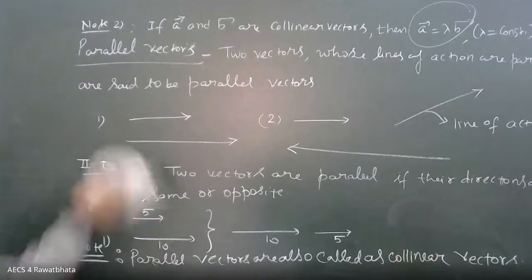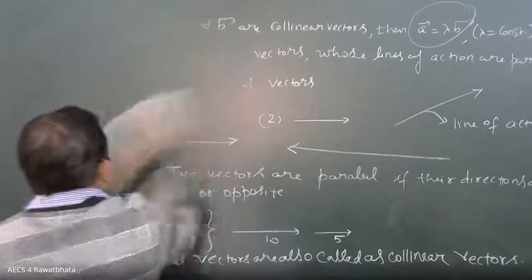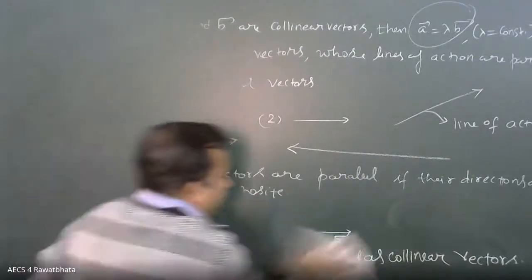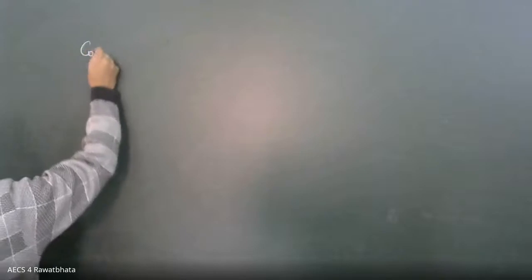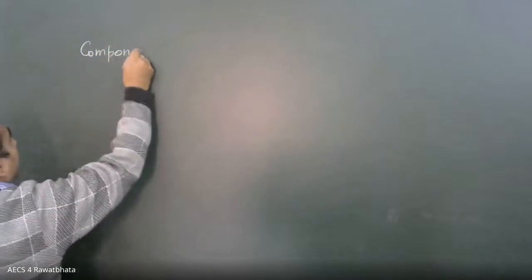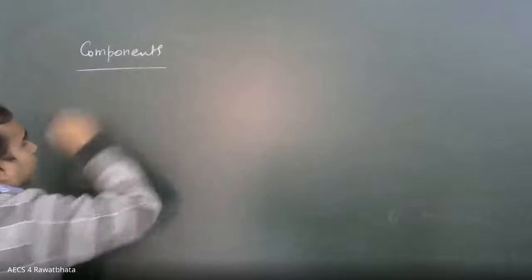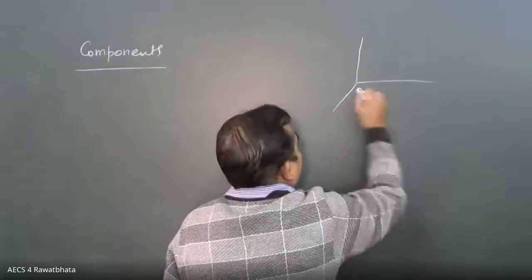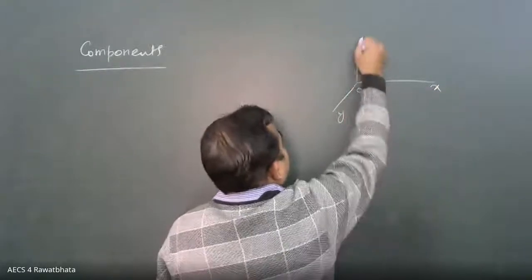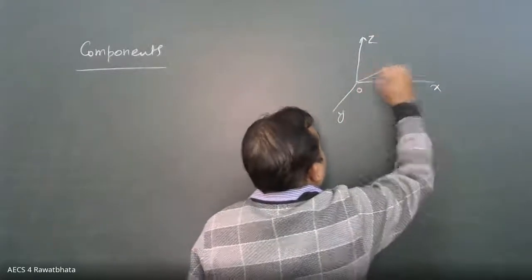Now some more terms are there, like components. First of all, suppose there are three axes, O, X, Y, and Z, and suppose there is a vector, A vector.